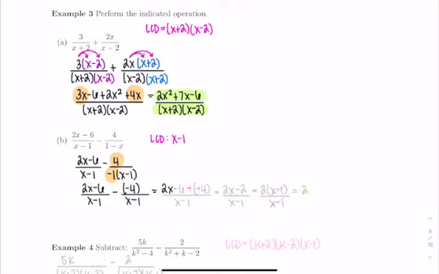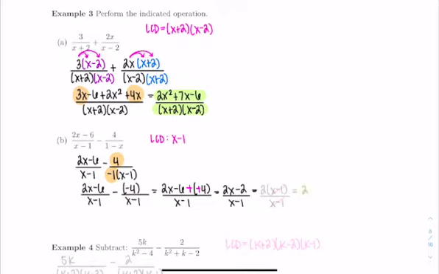So 2x minus 6 minus -4 all over x minus 1. Well, we have a double negative on the top. So we really have 2x minus 6 plus 4, which is 2x minus 2, all over x minus 1.